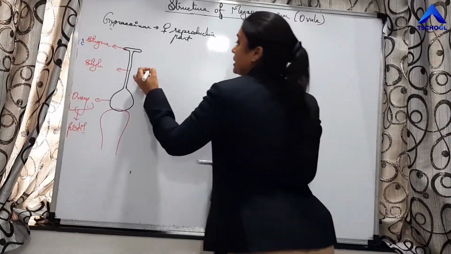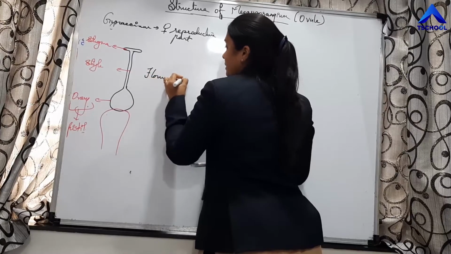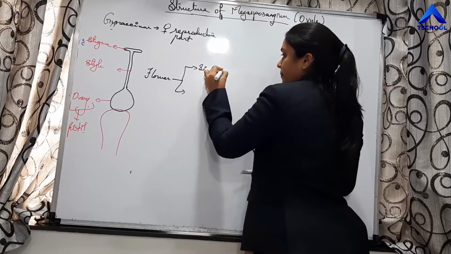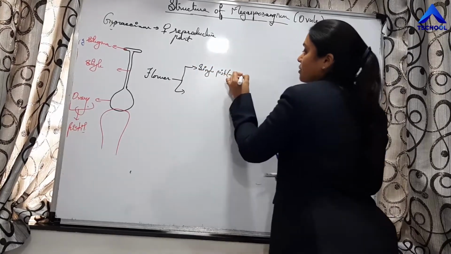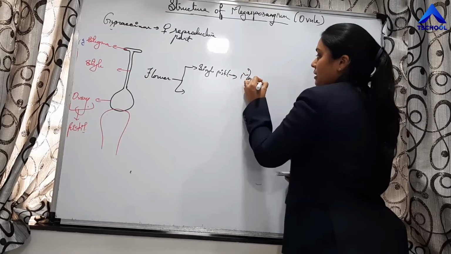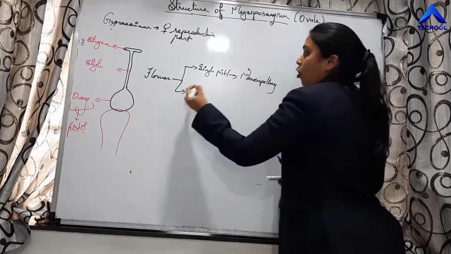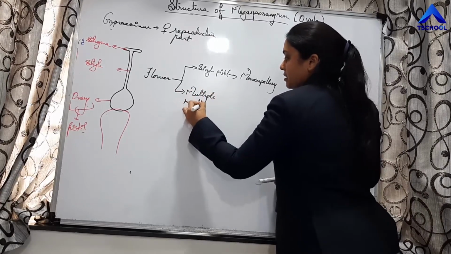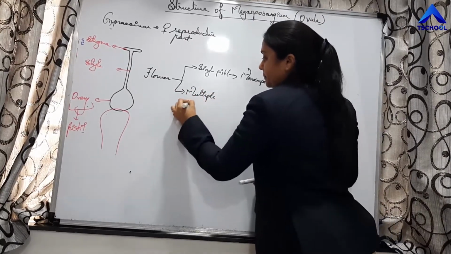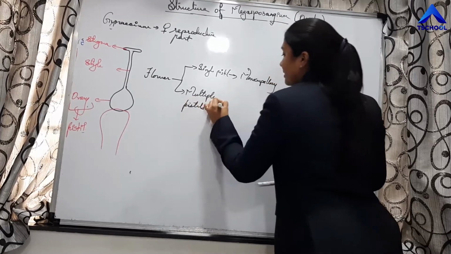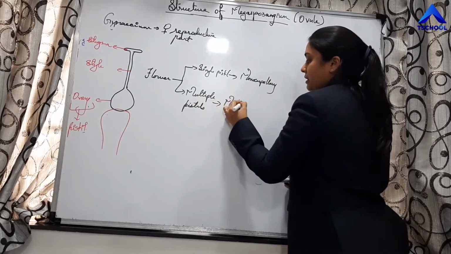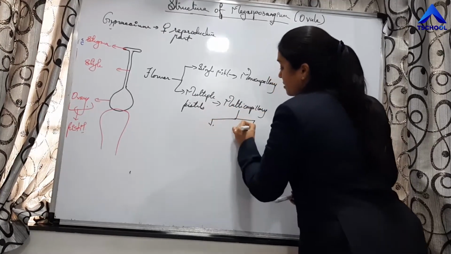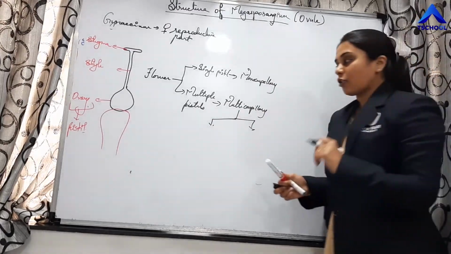A single flower can have a single pistil, then it is called monocarpellary, or it can have multiple pistils, then it is called multicarpellary.